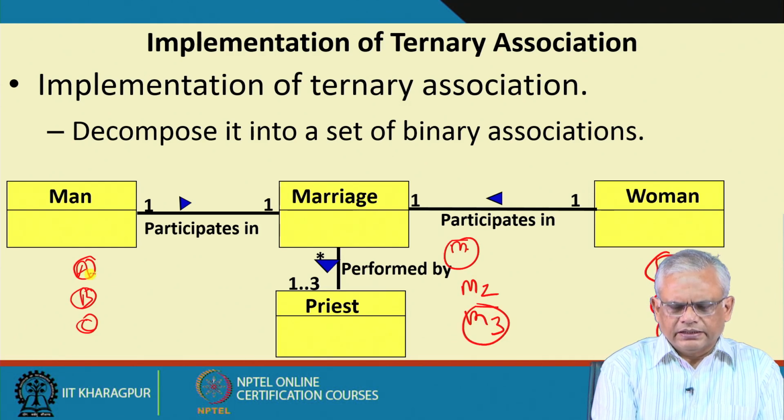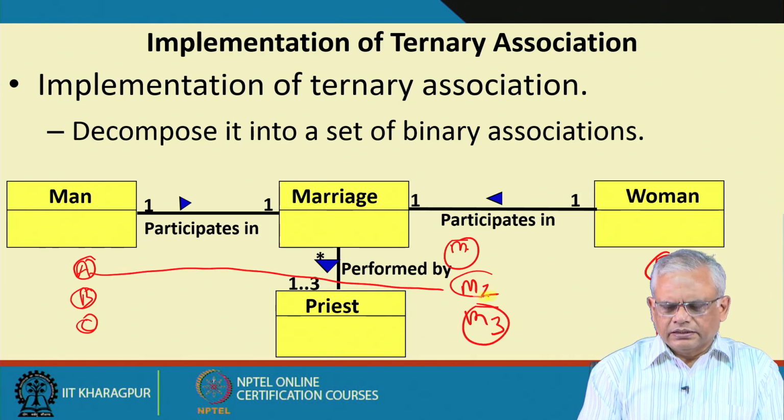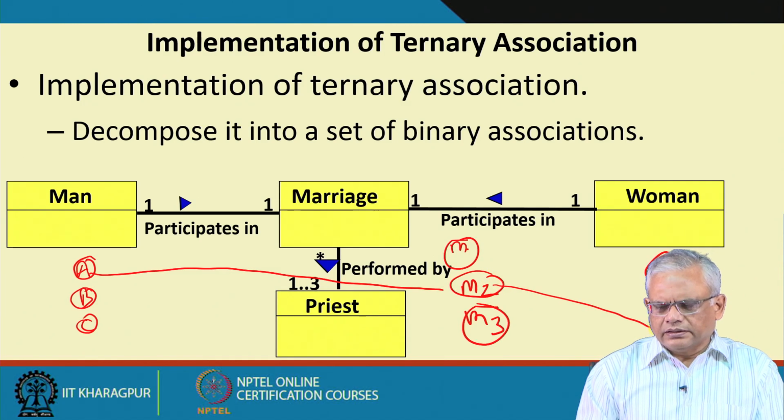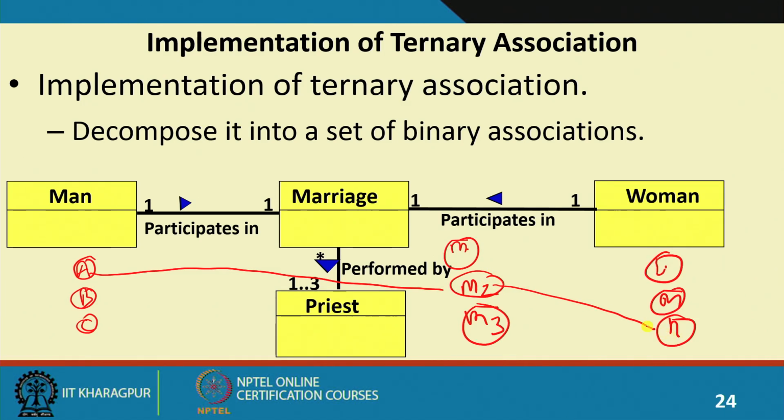Let us say A married N, and we have a 1-1 link with the M2 marriage object.